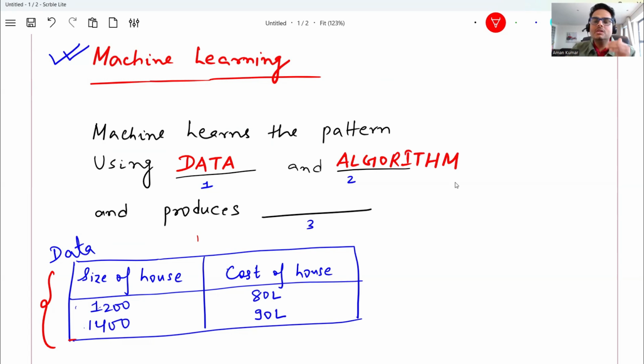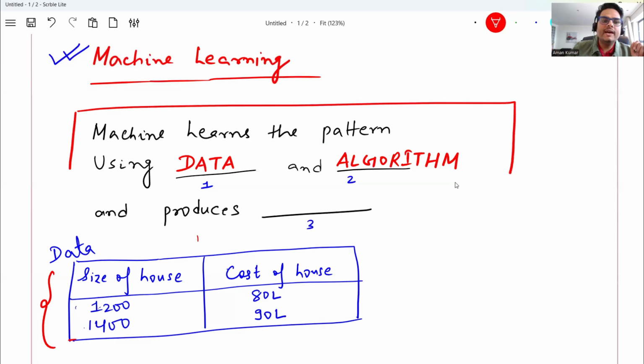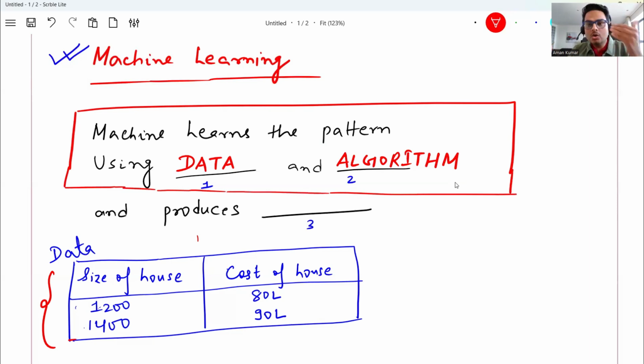And now comes the most important and critical thing here. So till here, till this red box, machine has learned the pattern. Now what should happen is, once the pattern has been learned using this data, if I ask to machine, hey, there is a 2-bedroom house, which size is 1350.